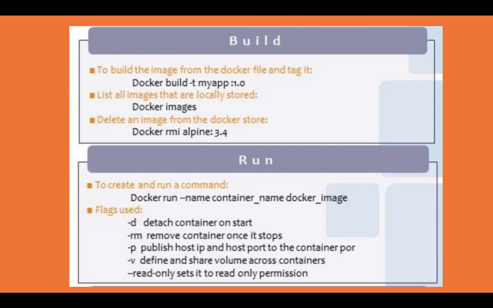We can also use flags such as -d to detach the container on start, --rm to remove the container once it stops, -p to publish host IP and host port to the container ports, -v to define and share volumes across containers, and :ro sets it to read-only permission.